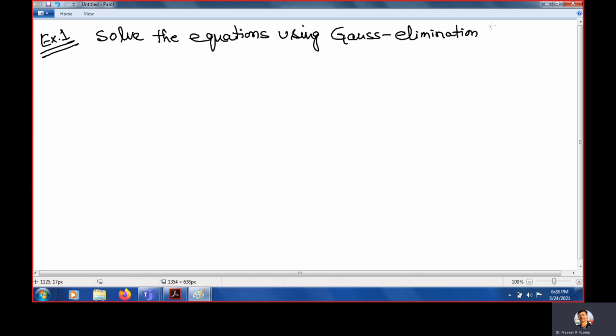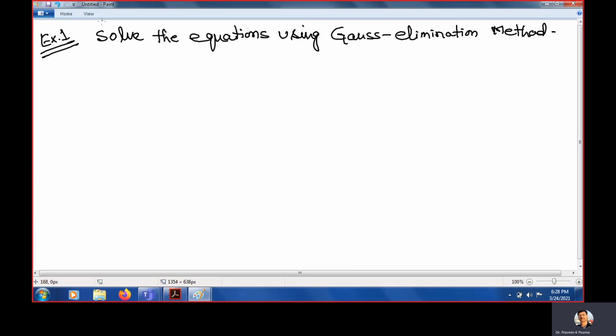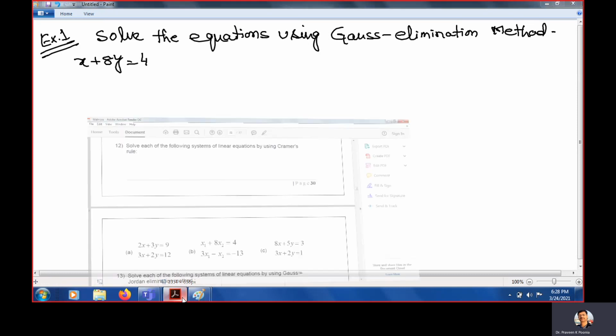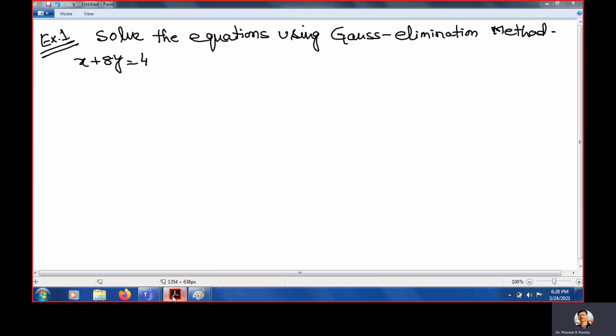Clear? So what are the equations? Let us take x plus 8y is equal to 4. And another equation we are taking is 3x minus y is equal to minus 13. This is the question. Clear?